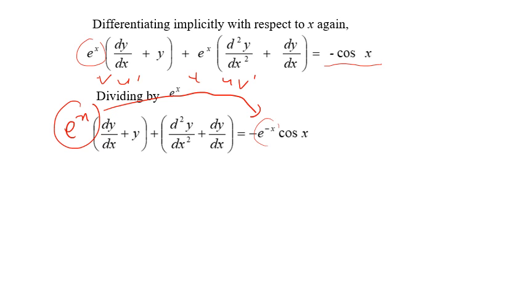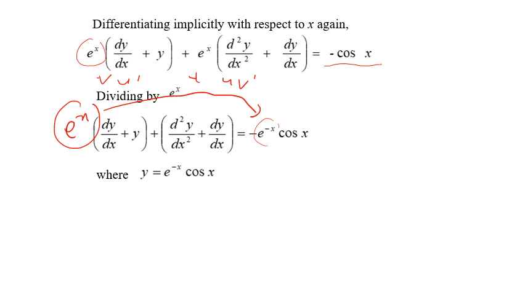I think that one will be more appropriate compared to dividing by ex, but it doesn't matter, it carries the same meaning. And then after that, as you can see here, we check with the original question.